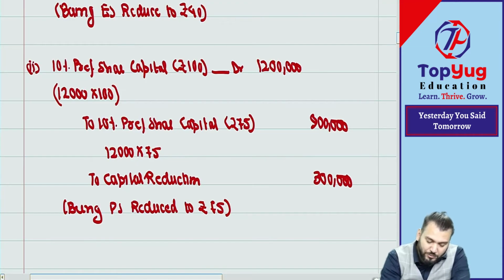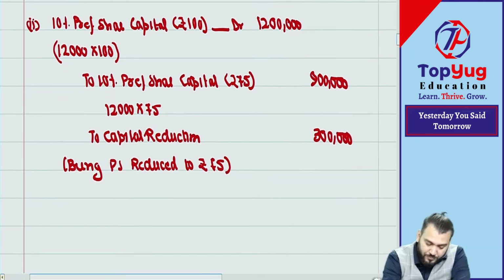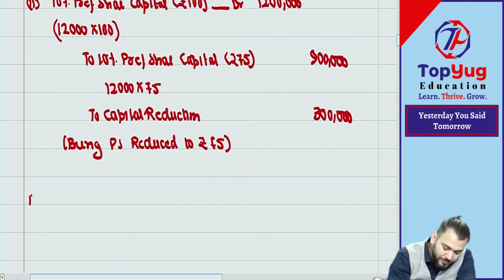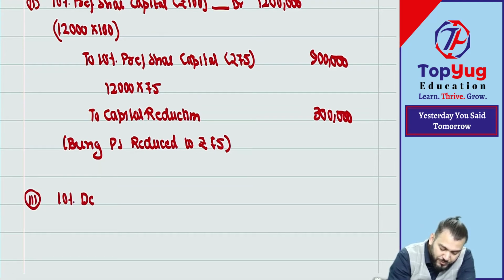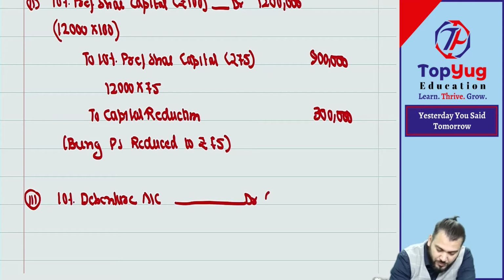So what journal entry? You will give me the journal entry. 10% debenture account debit, 6 lakh.